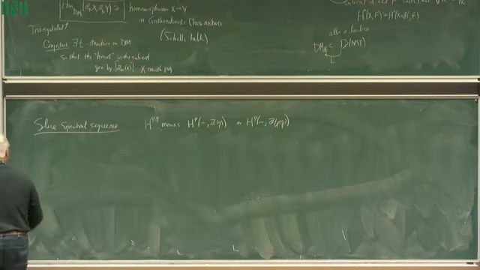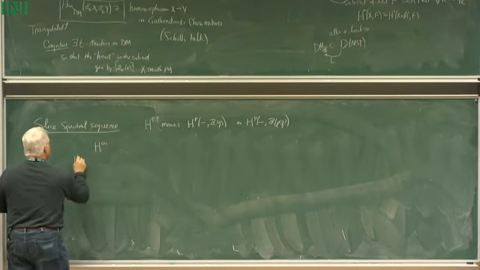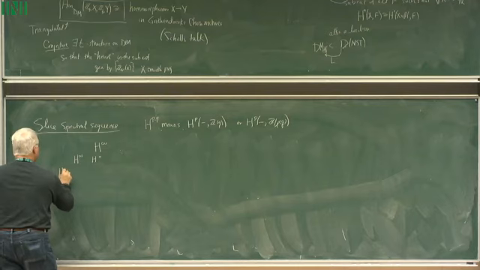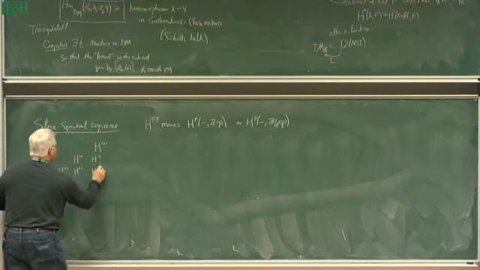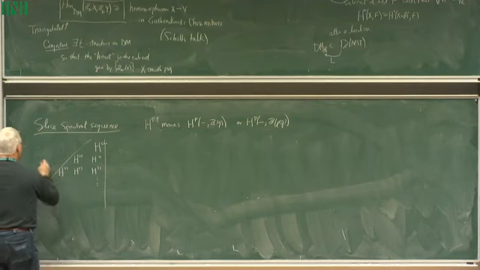So the spectral sequence looks like this: H^0_0, H^0_1, H^1_1, H^0_2, H^1_2, H^2_2, and so on, if this is a field.